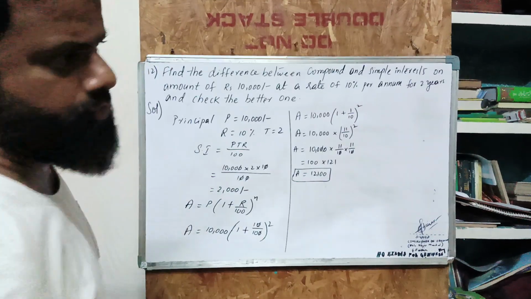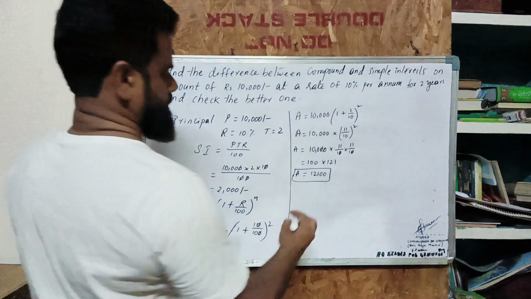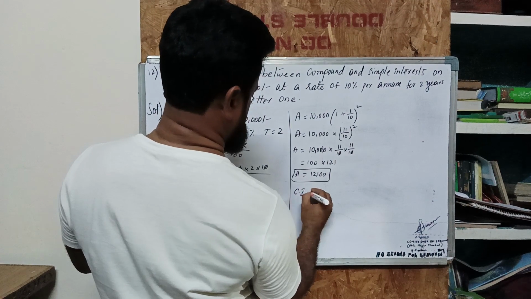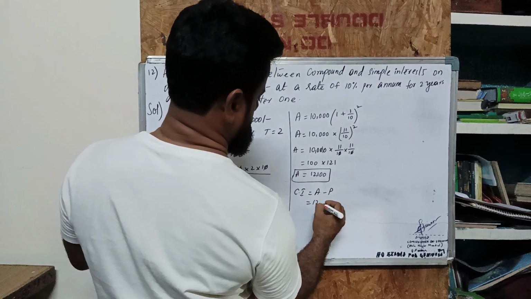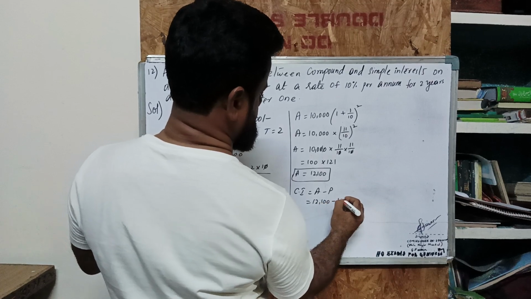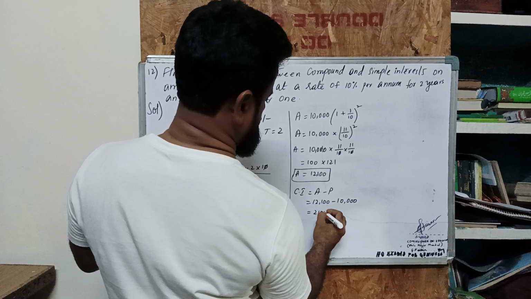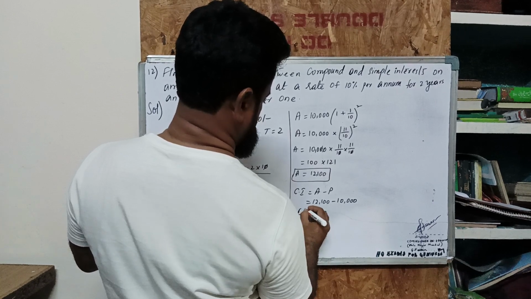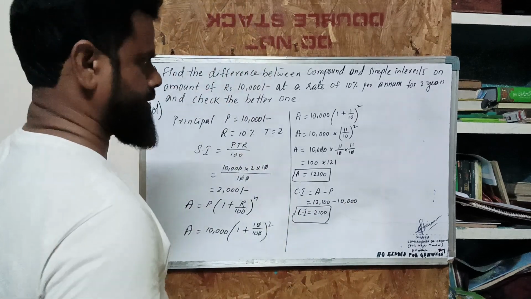Amount on compound interest we are getting as 12,100. So compound interest will be equal to amount minus principal, that is 12,100 minus 10,000. So we will get this as 2,100. This is our compound interest.